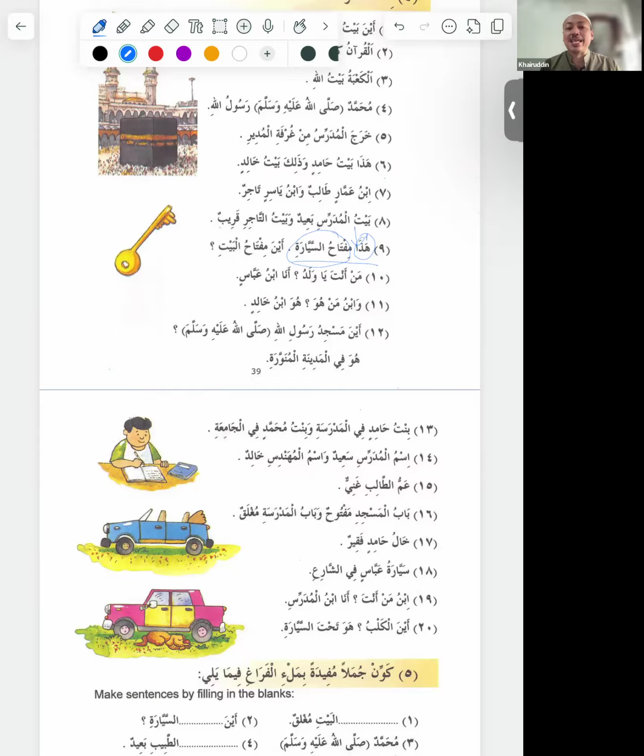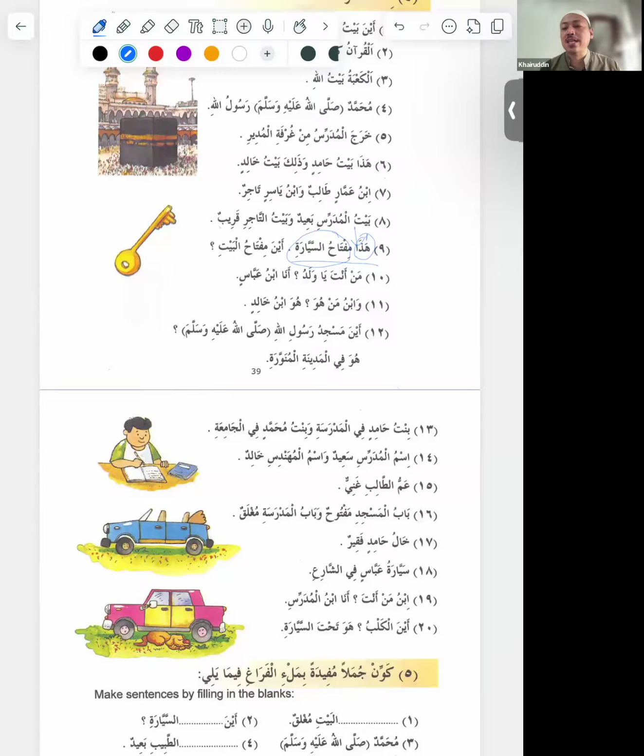It possesses the key, miftah. So we could say in English, the car's key. My preference is to say the key of the car because it comes in the same sequential order as in the Arabic, miftah first and then the sayyara. So this sentence translates into: this is the key of the car.